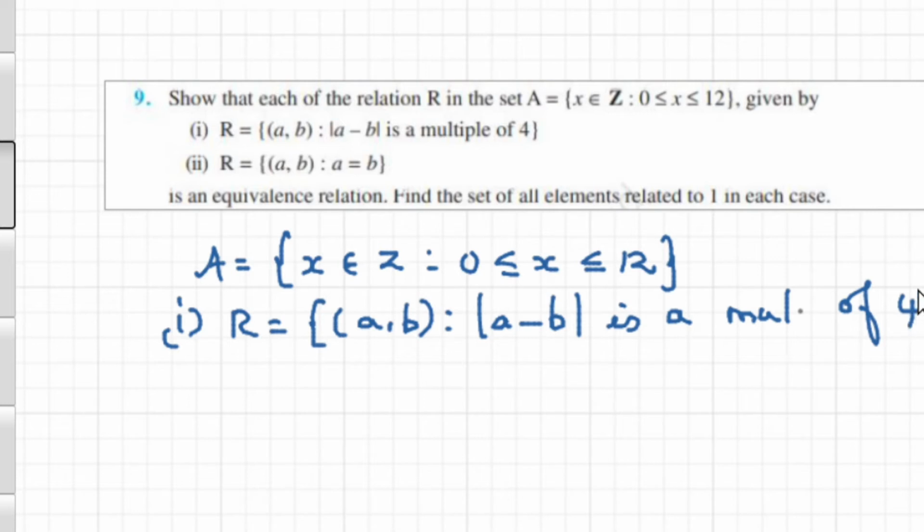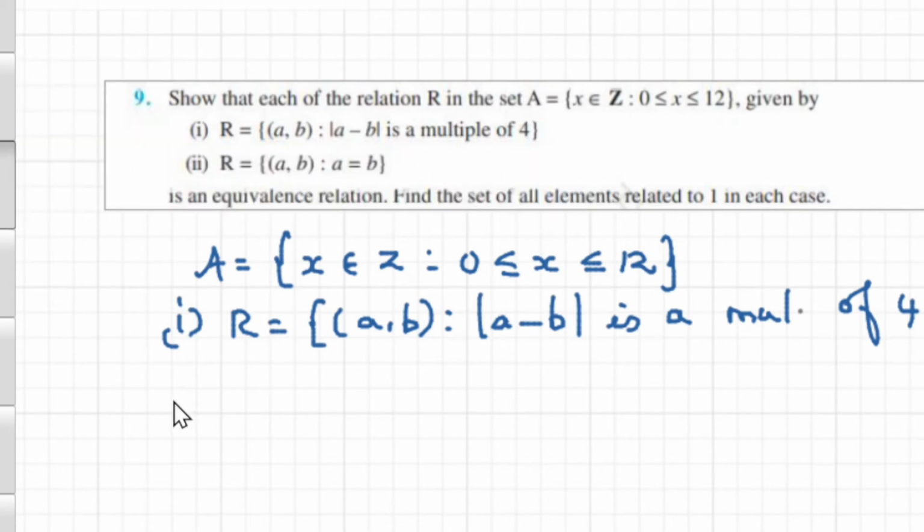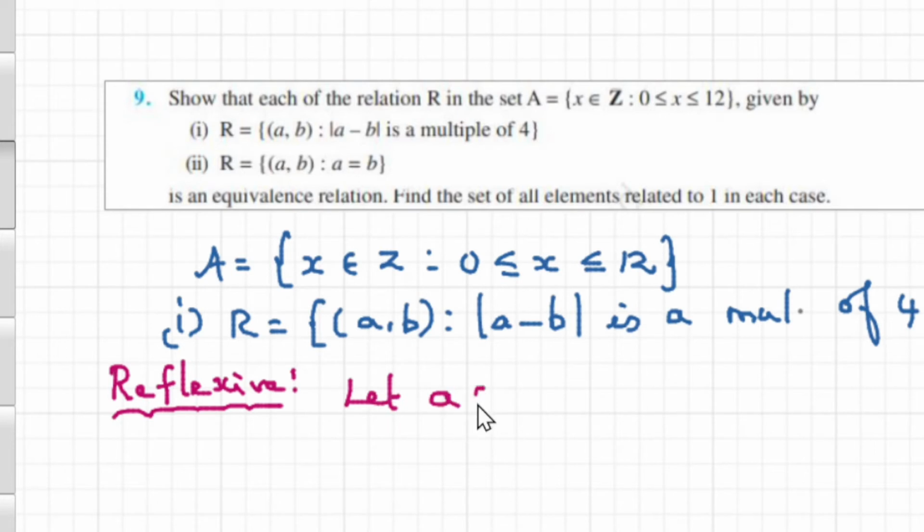Okay. So first we'll take reflexive. In reflexive, both the elements must be the same. Here, let us take A belongs to capital A, that means A lies between 0 to 12, any one of the numbers 0 to 12.